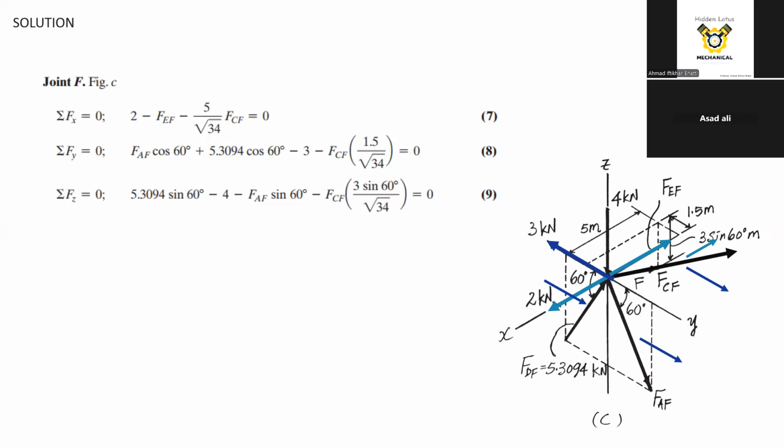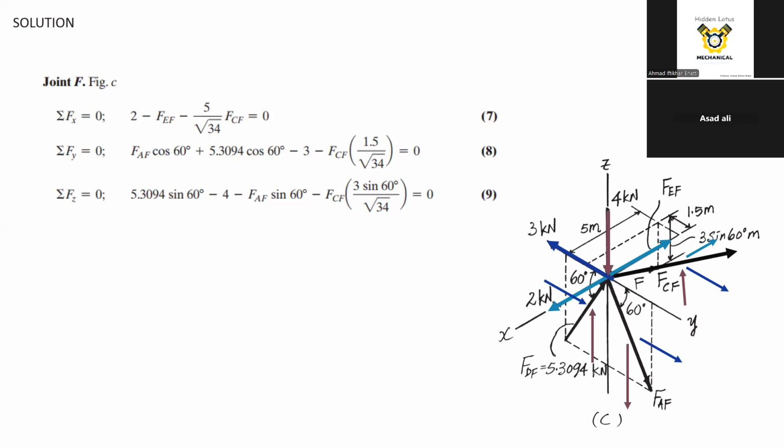For the axial direction, you see we have a negative 4 kilonewton force, the force in member DF with sine 60 degrees, the force in member AF with also sine 60 degrees, and for the member CF, we have 3 sine 60 degrees over root 34.